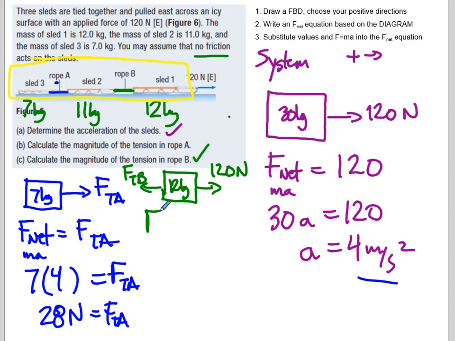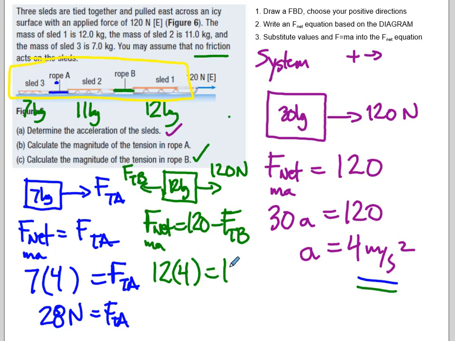So when I write my F net statement, I'm going to have 120 minus the tension force in B. Okay, F net again can be replaced with mass times acceleration. The mass is 12. Make sure I have that right. 12, yep, 12. The acceleration we found already over here is 4. We have this 120 newtons, and then we have our tension in our B rope.